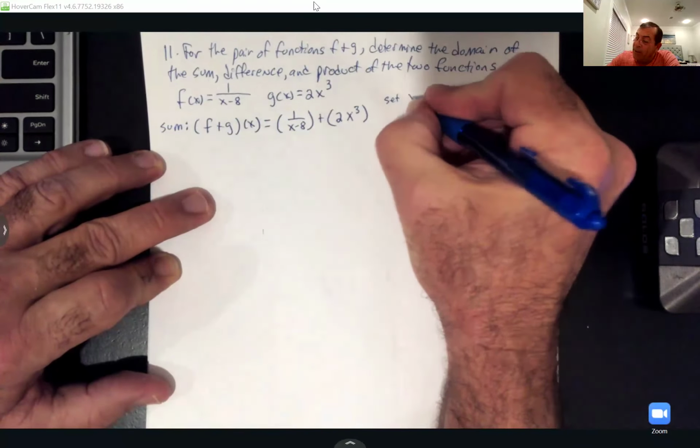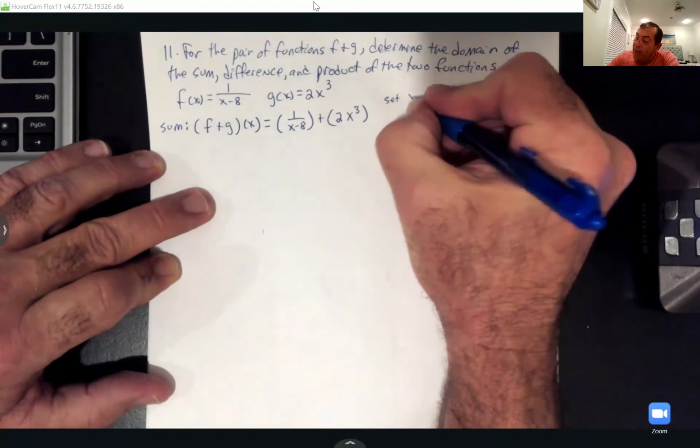So then they said, okay, how about the product? So they'll pop up these one by one as you're going through them. So the product, that's going to be f times g of x. So that'll be my f, 1 over x minus 8 times my g, which is 2x to the third. Same situation, right? I got a fraction times 2x to the third.